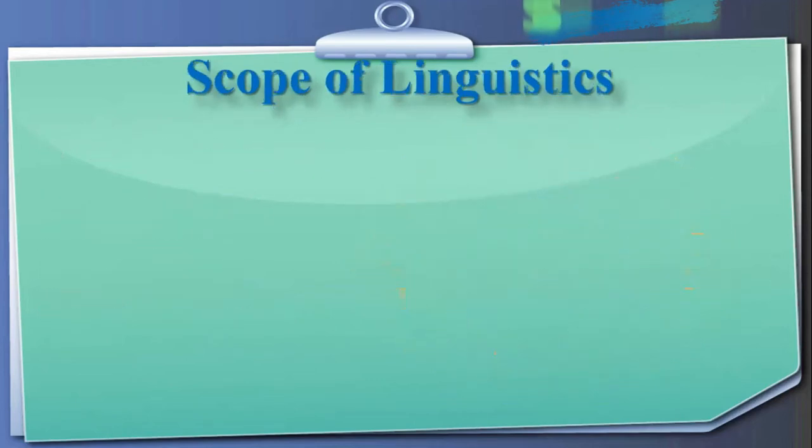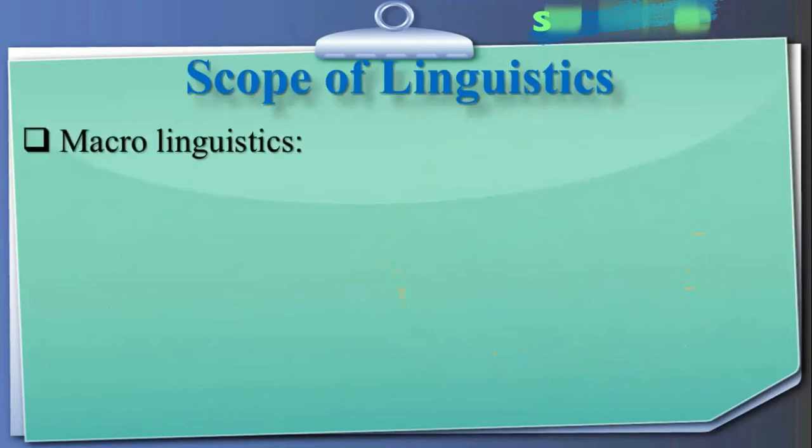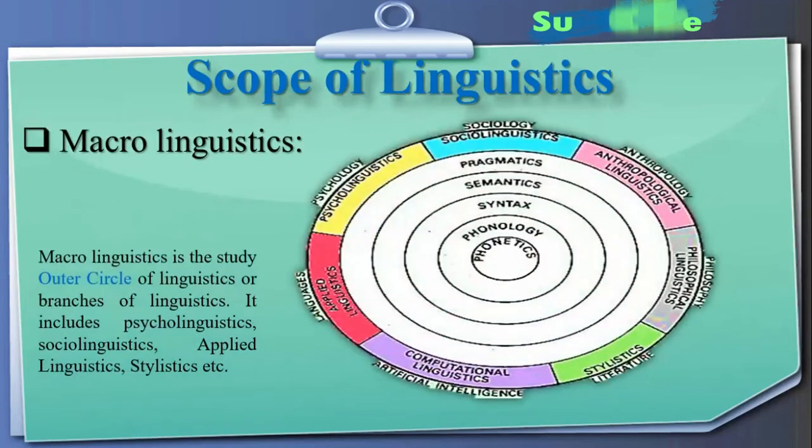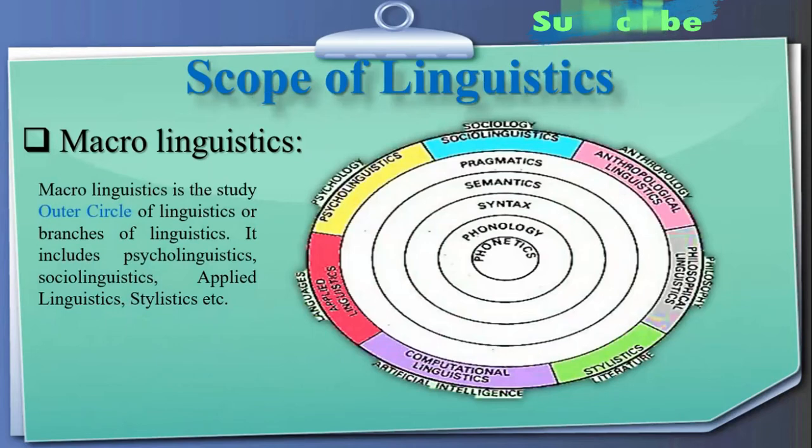Here, when we talk about macro-linguistics, it is the study of the outer circle of linguistics, or branches of linguistics. It includes psycholinguistics, sociolinguistics, applied linguistics, stylistics, etc. When we talk about psycholinguistics, we study psychology and linguistics.